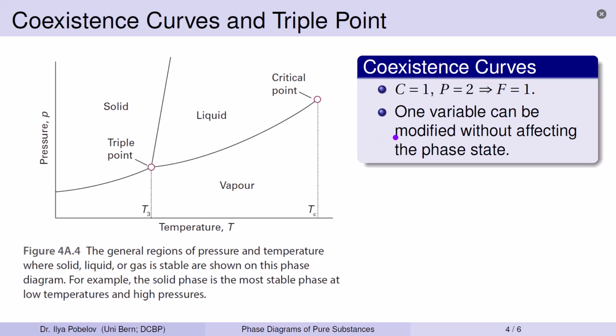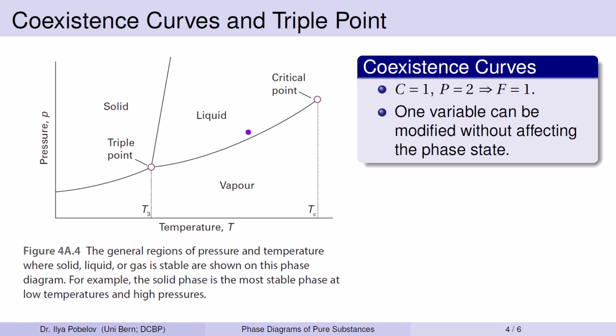Consequently, we are left with just one independent variable that can be modified without affecting the phase state. If the current state of the system is on a coexistence curve and we decide to alter the pressure, the temperature has to be adjusted accordingly to maintain the two-phase equilibrium, ensuring that the system remains on that coexistence curve.